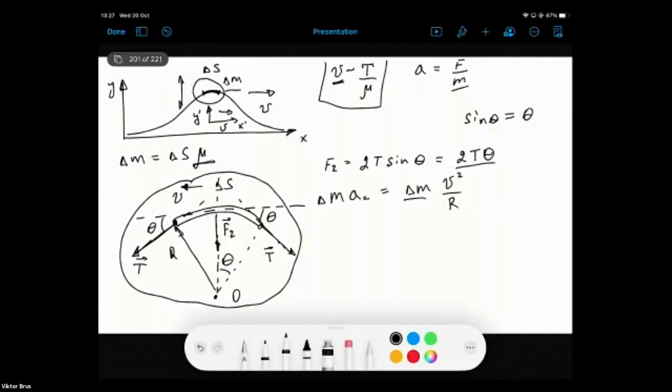So how do we express the length of this arc of the element of the string, delta s, in terms of theta? Do you remember? We did something similar before.